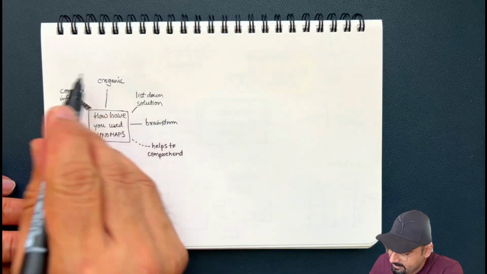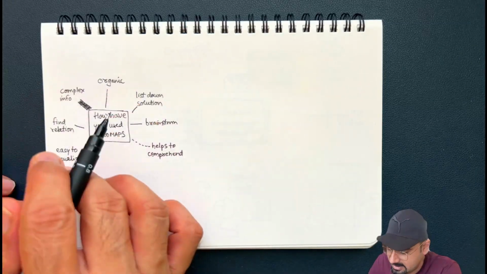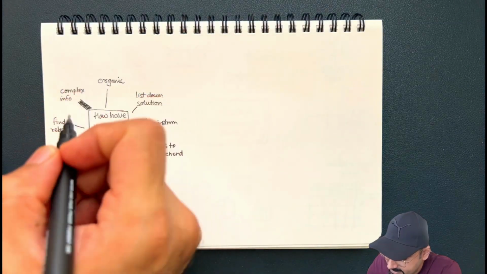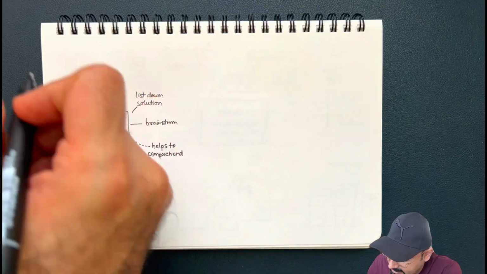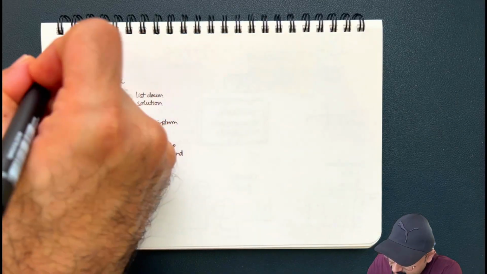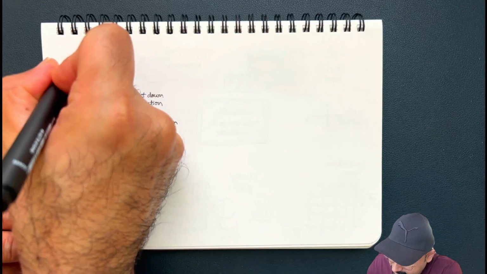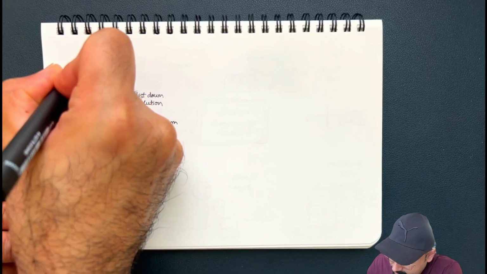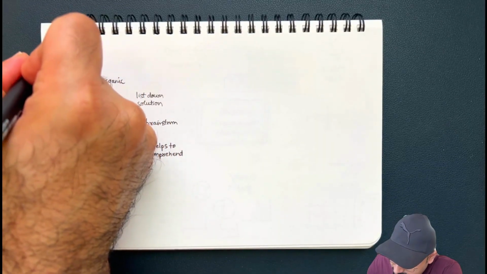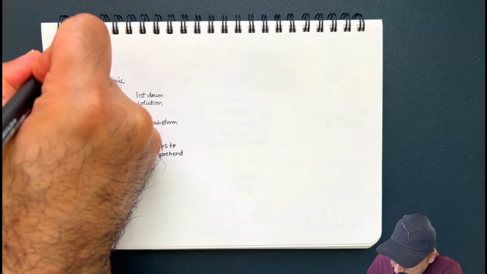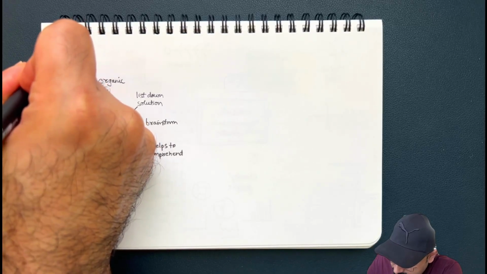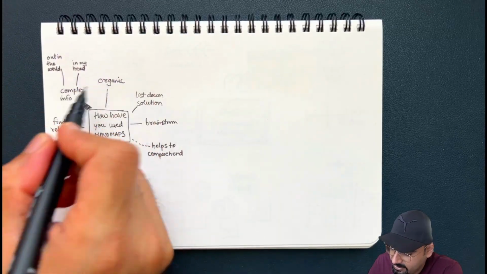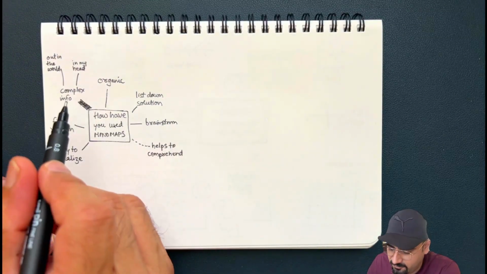And then it does not stop at this level. I can go beyond this. So when I say complex info, what kind of complex info? In my head, and out in the world, right? So these two kinds of complex info I can map.